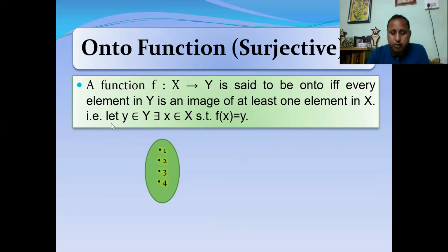In another way, when you do the question, you will start like this: let y belongs to Y, if there exists x belongs to X such that f of x equal to y.